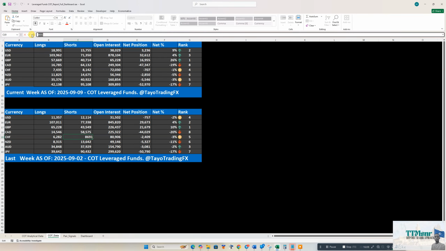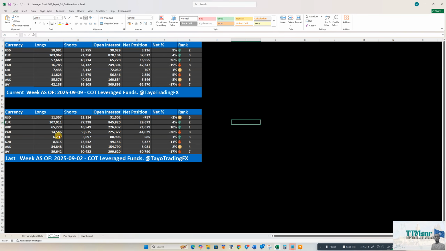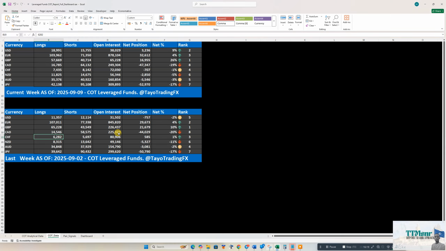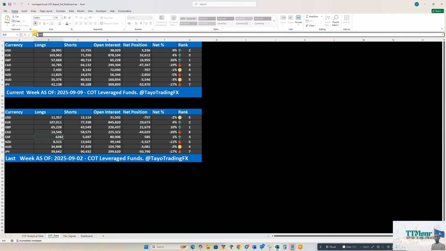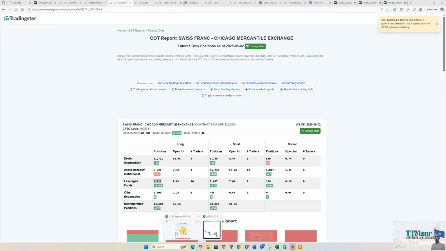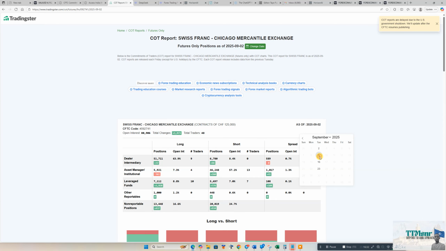Short positions. Also the long positions. Long positions. After that, we have to go to CHF here. Current week will be 9.